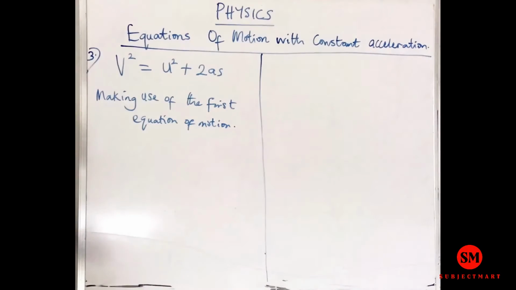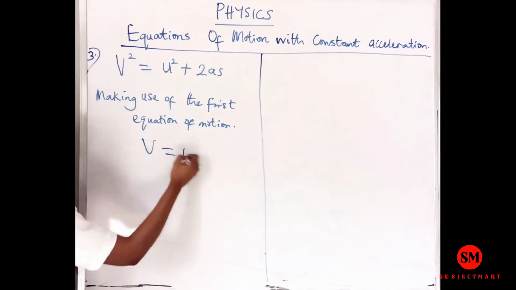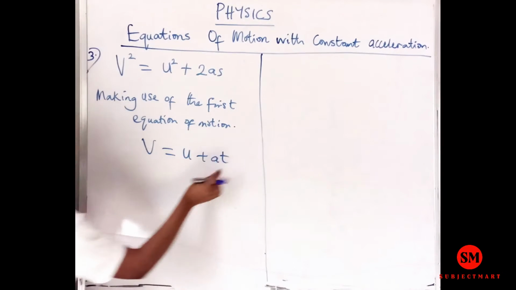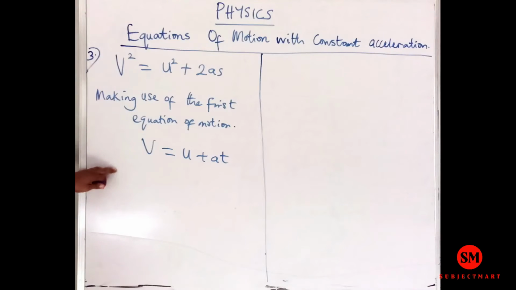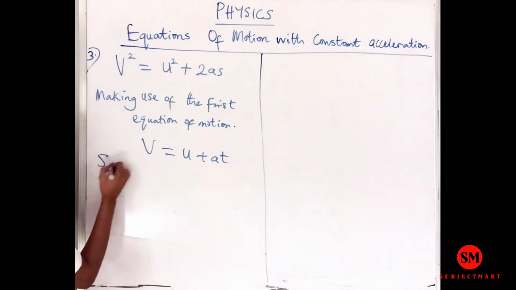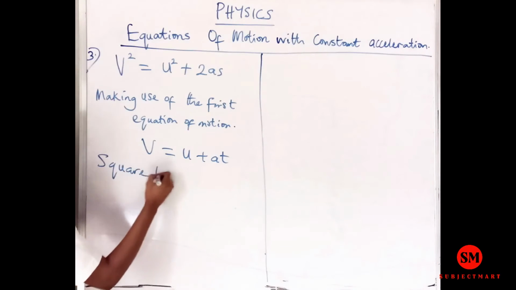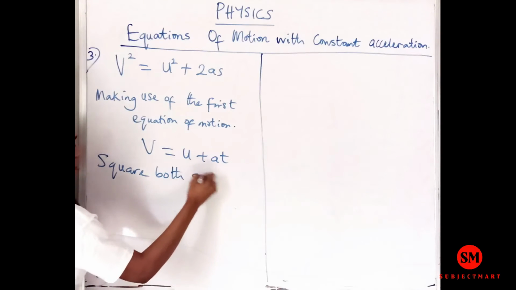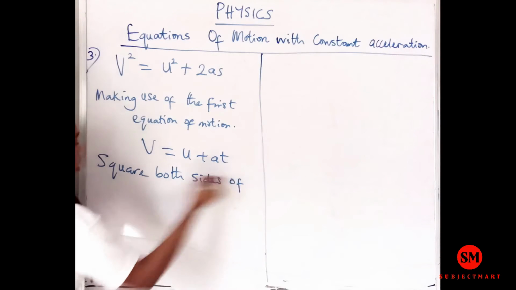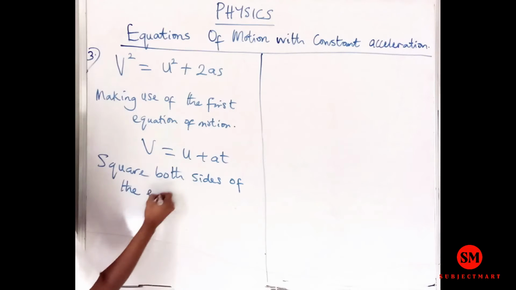You remember our first equation, which says v equals u plus at. Now, making use of this equation, we are just going to square both sides of the equation.